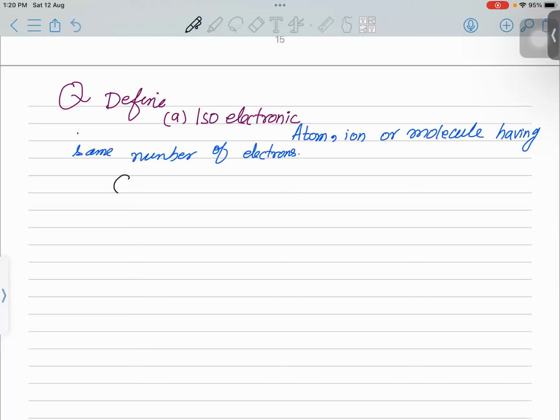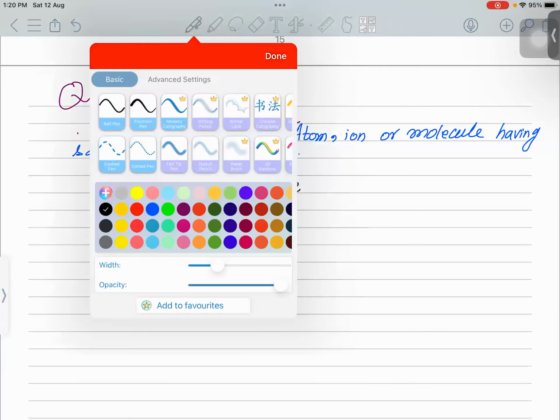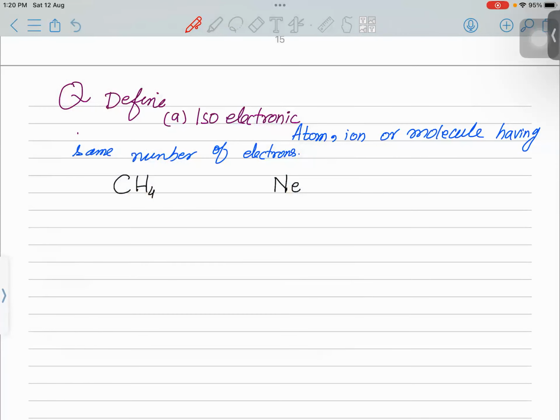For example, CH4 and neon. Can you tell me how many electrons are in carbon? Carbon's proton number is 6, so it has 6 electrons, and 4 in its outer shell.